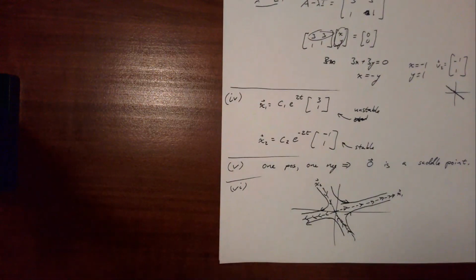So they are all receding from the origin in the direction of x1, hence it being unstable. They're all coming in towards the origin, though, for at least the first part of their career, along x2. All right, so that's what we say they look like. Now, let's have a look at what Bluffton says and compare notes.